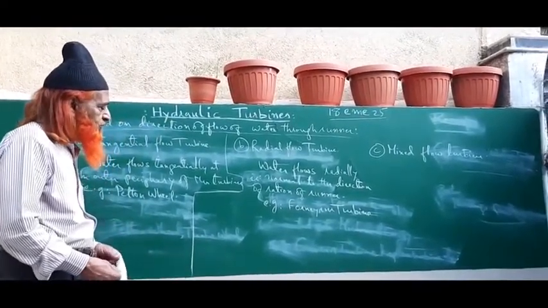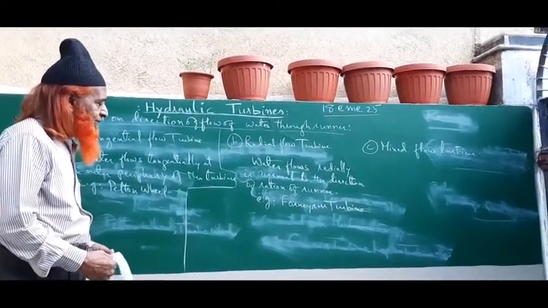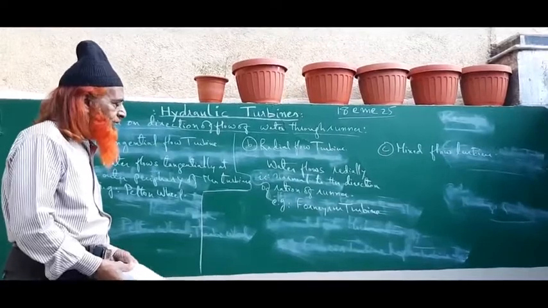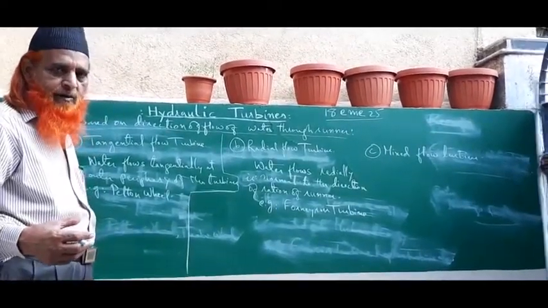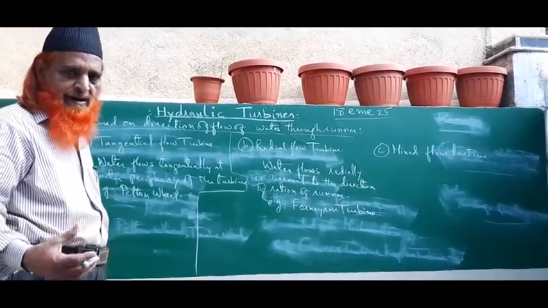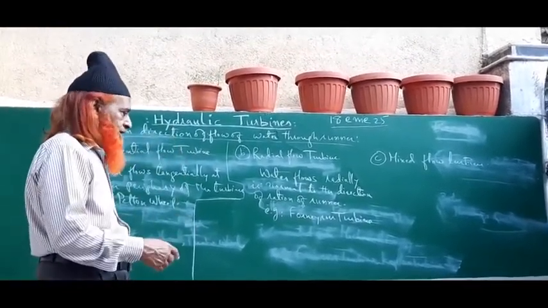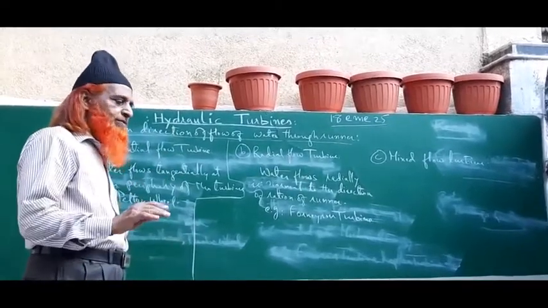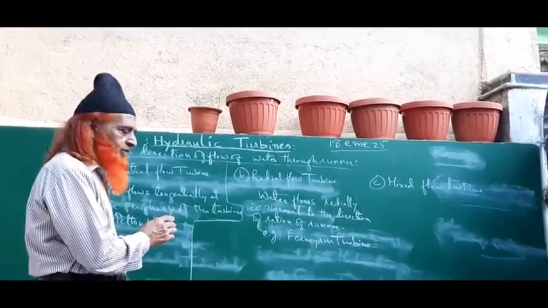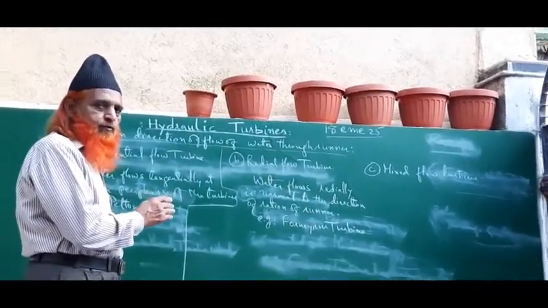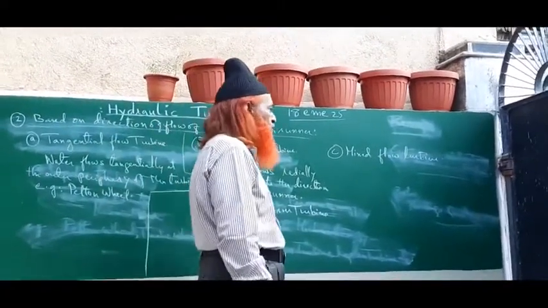Earlier, Francis turbines were also radial flow turbines. Radially, the water used to flow and it would be taken directly from the center to the connected draft tube. Therefore, the Francis turbine earlier was a radial flow turbine, while the modern Francis turbine is of mixed flow. Okay. Now mixed flow turbine.